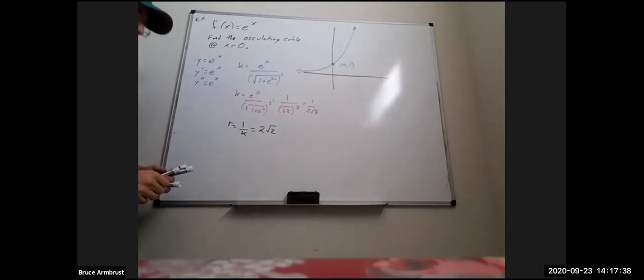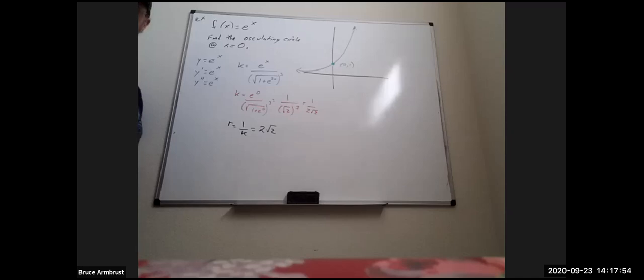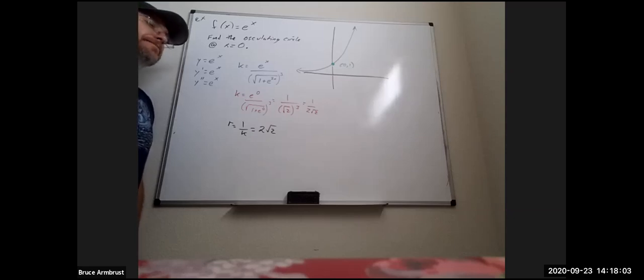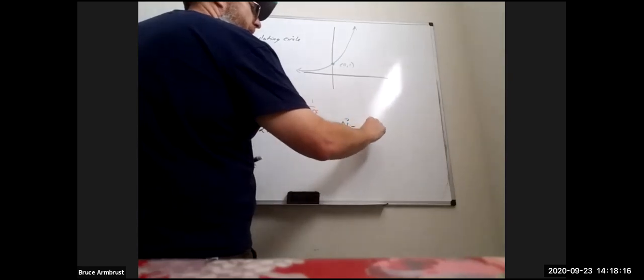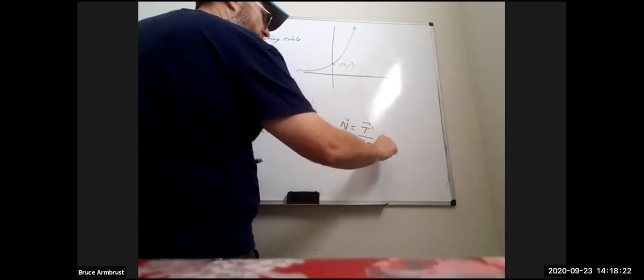Okay, so how do we find N again? Do you remember? So it's t prime divided by the magnitude of t prime.